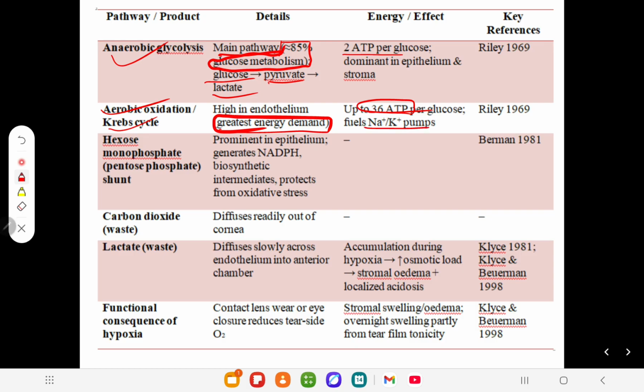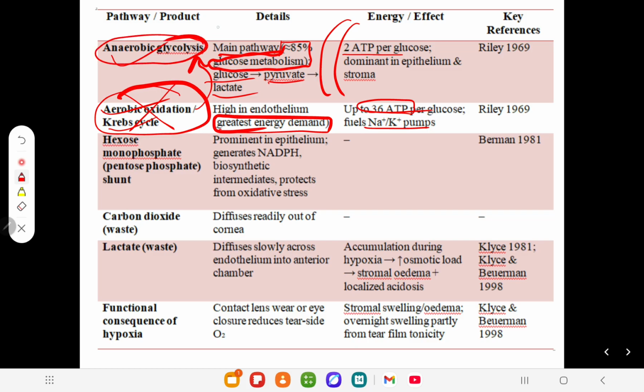So whenever we introduce a contact lens and there is less oxygen in the cornea, what happens? The aerobic mechanism is blocked, and from 85% it moves to almost 100% anaerobic glycolysis, isn't it?